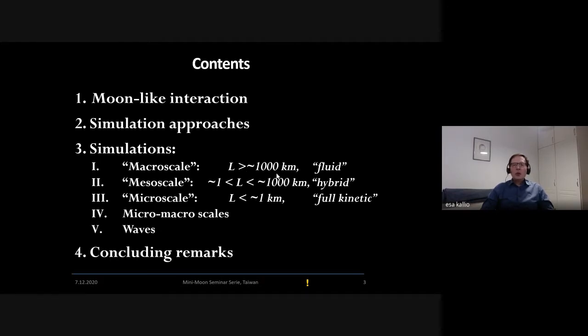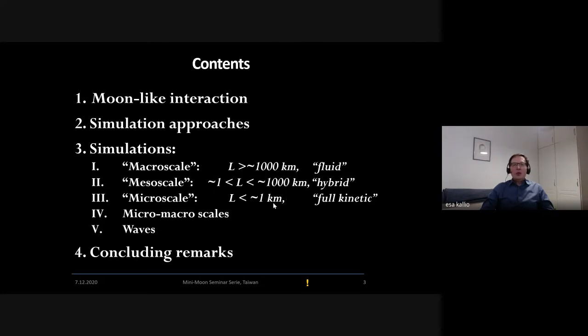Then I will zoom to a smaller scale, hybrid simulations, which I will call mesoscale simulations. Here we have ion kinetics, but electrons are fluid.